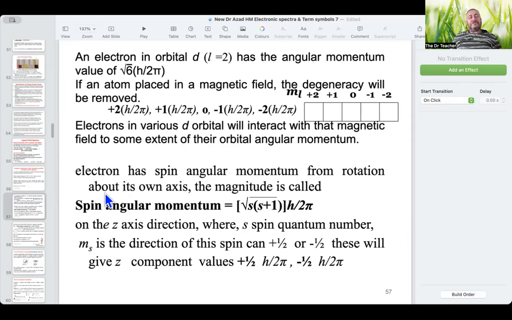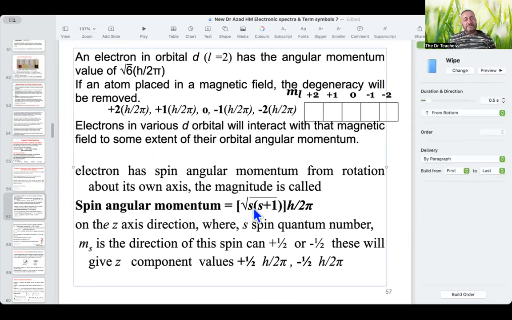And then every electron has a spin angular momentum, and that is like the square root of S times S plus 1, multiplied by h over 2 pi. So it's similar to L. You put S instead. So the S, I think here the S should be in capital letter.